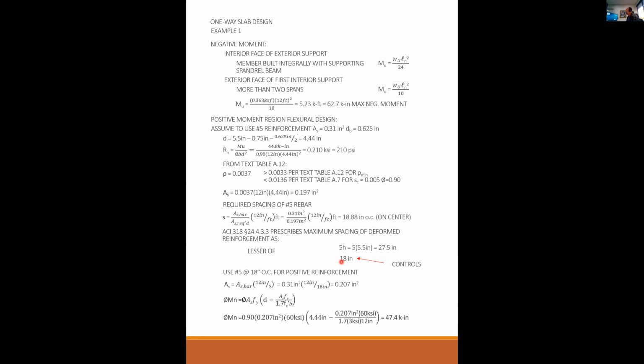You can't exceed that spacing. The 2 criteria are 5 times the thickness or 18. So if the slab was only 3 inches thick, then your maximum would be 15. And if your demand was a lot higher, say this number here came out to be 12, then that would control. Whichever of the 3 is the least is the one that you have to provide.